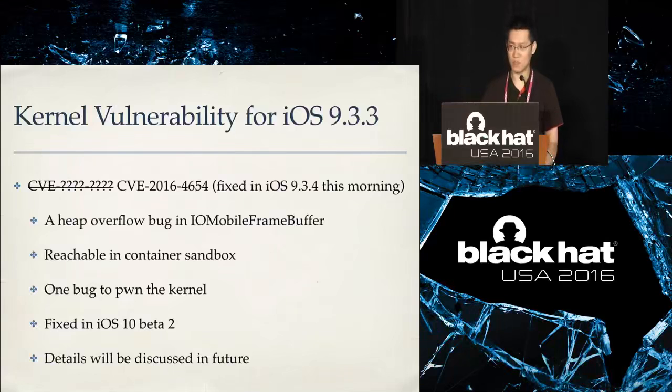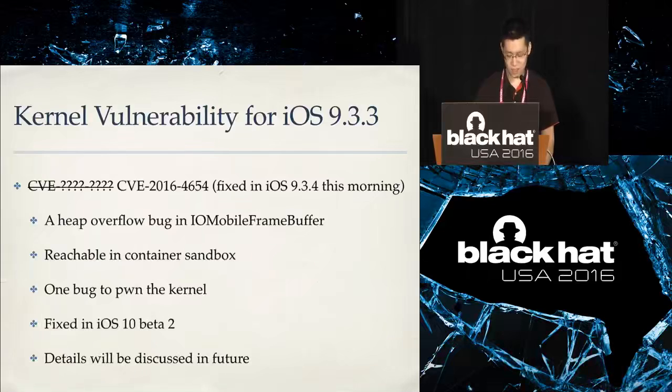I think this is the reason why Apple was so eager to release a fix, because it's very dangerous. Any application can use this bug to exploit your devices. Also, this is a very, very good bug. If you exploit it in the right way, you can use this single bug to bypass all the mitigations and totally pwn the kernel.